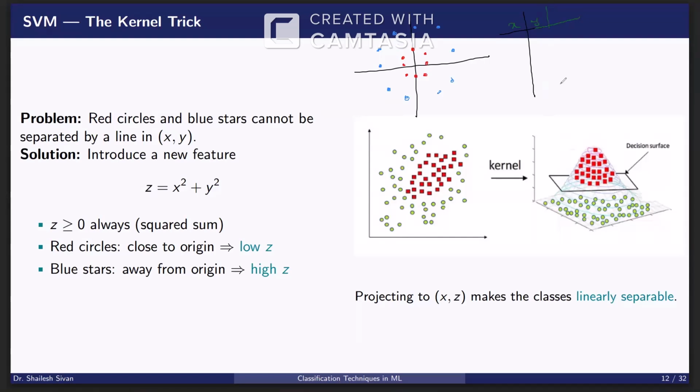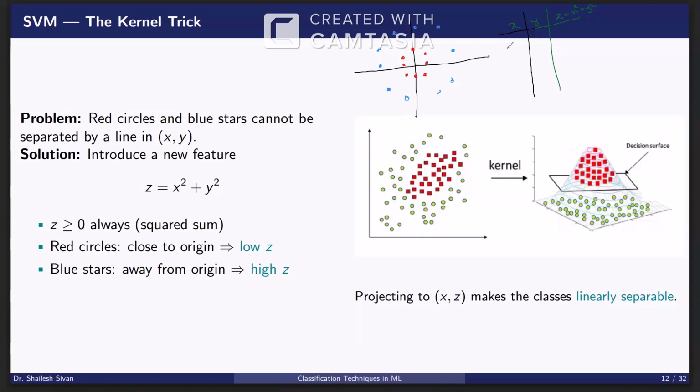And with this X and Y, we are clear that this is not linearly separable. Will you be able to find a line over here? No. But what we are doing is we will introduce a third feature, Z equal to X square plus Y square.